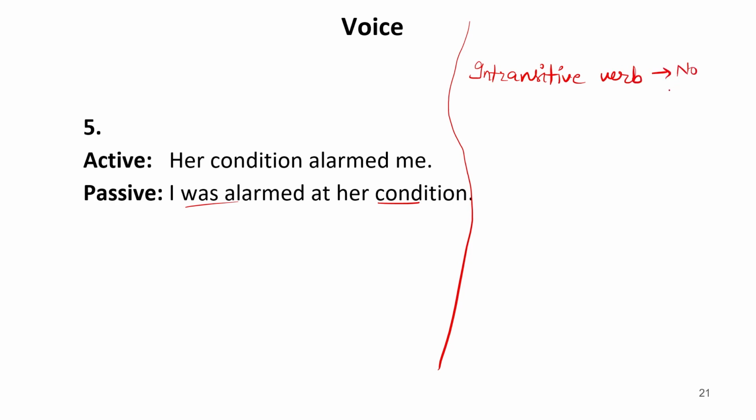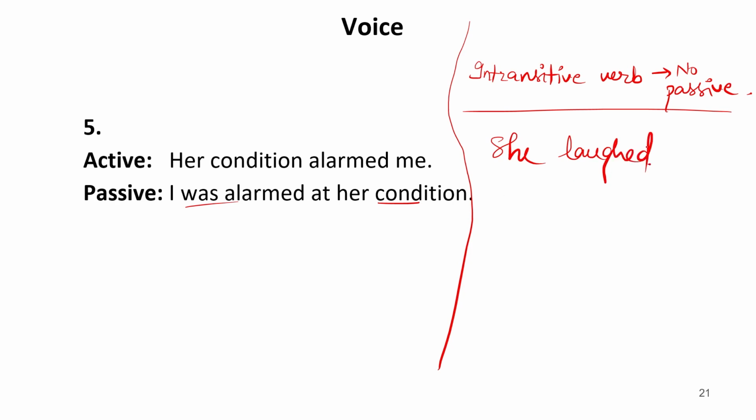No passive. Because suppose the sentence is "She laughed." Now in this sentence, we do not have any object. So this sentence cannot be changed into passive voice. So no passive.